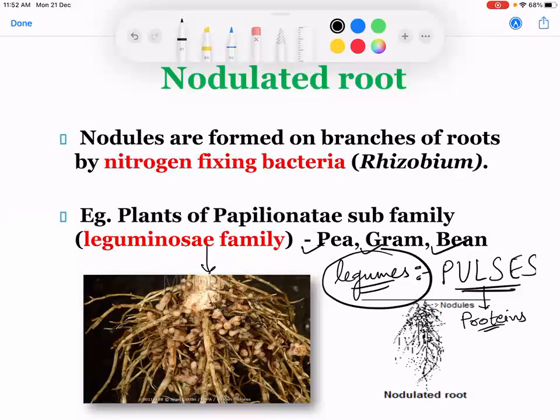Now what is that system and what is the requirement for the formation of protein? Proteins are polymers of amino acids, and amino acids have an amino group.